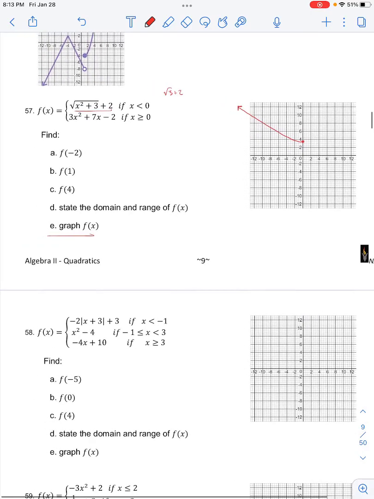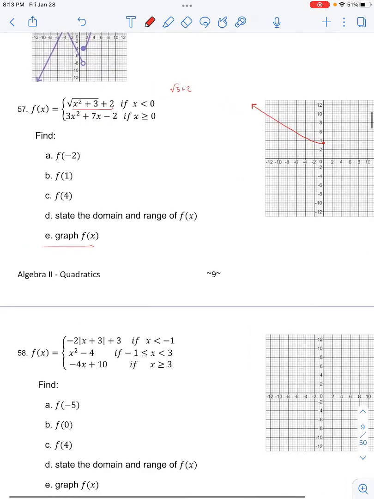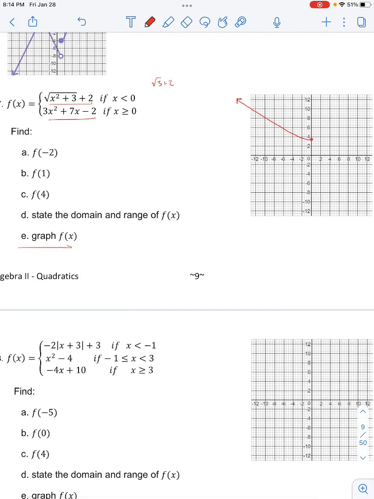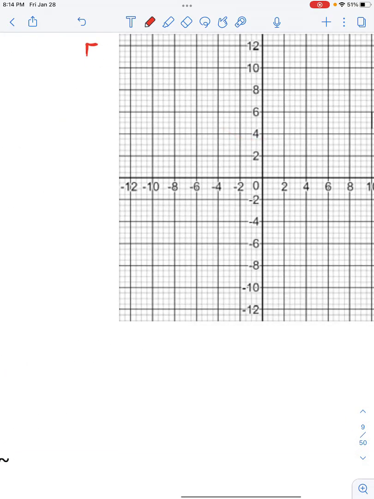You can use a graphing calculator if you're not sure how to graph that, but you can just make a table of values and go from there. And then when x is greater than 0, actually let me make this opening at 3.7 a little bigger, a little easier to see. Okay.